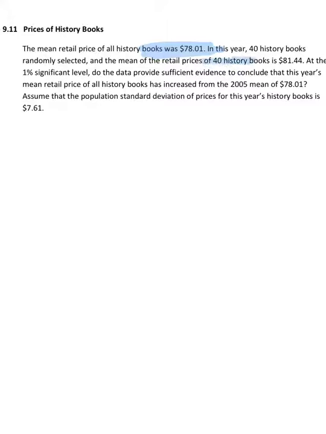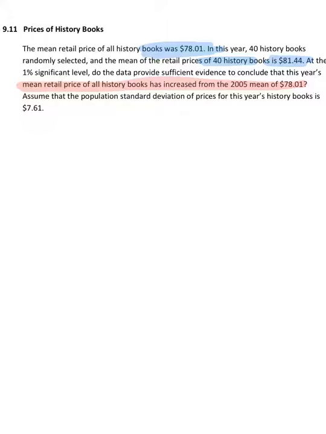Now we select 40 books. The sample mean is 81.44. It's absolutely more expensive than $78, right? But we want to test whether the price has really increased. It's a little bit more than a $3 difference.